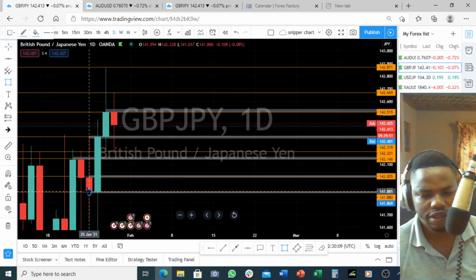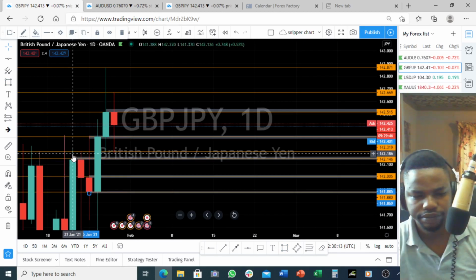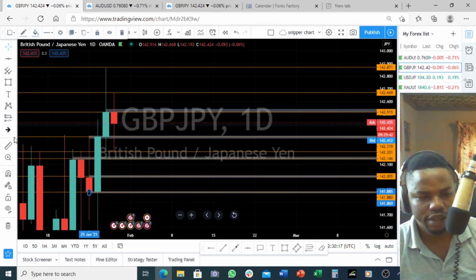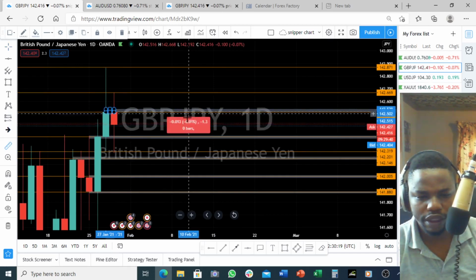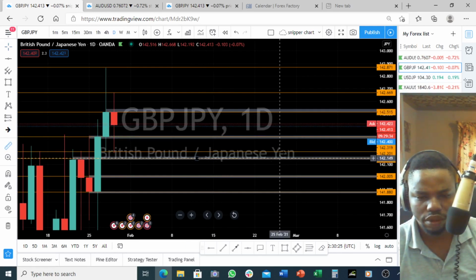These are the areas that matter most to me. Hence I'm trading ranges. Then we'll look at this 19 pips. Okay. Then let's look at this range now. 16 pips.